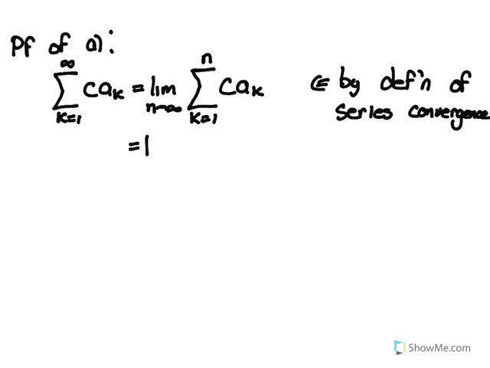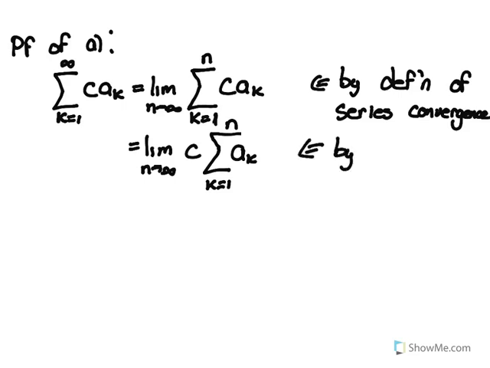Well, in this case, we can bring the constant c outside of the sum. So this is c times the sum over k, up to n, by property of sums.